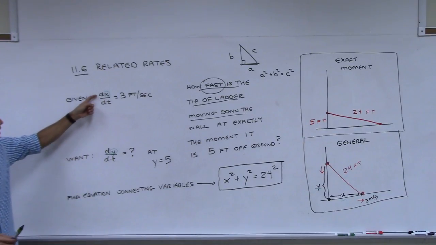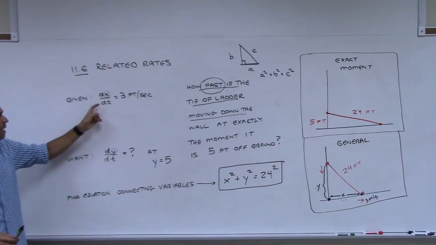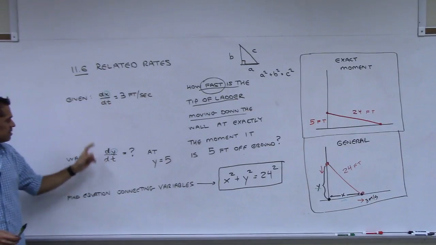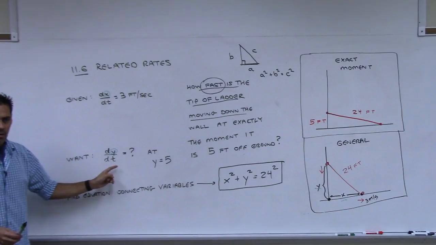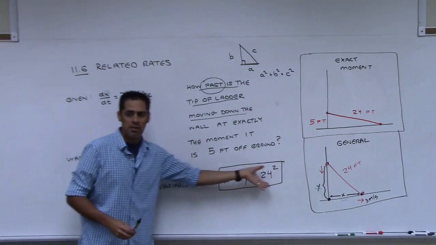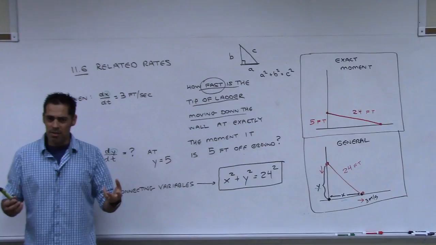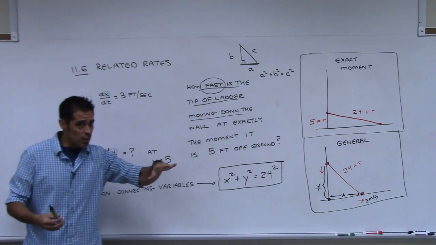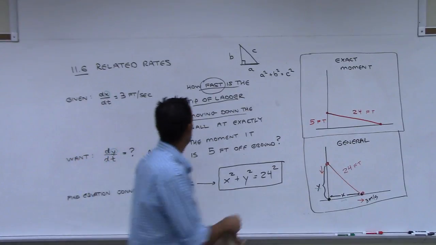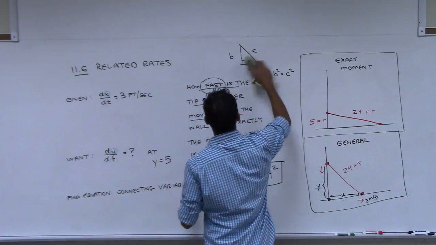This is the rate of change in x with respect to time. This is the rate of change in y with respect to time. So I should take this equation and differentiate it with respect to time. Let's just do it and see what happens, right? Again, this is our first example. I think I'm going to put it right here.